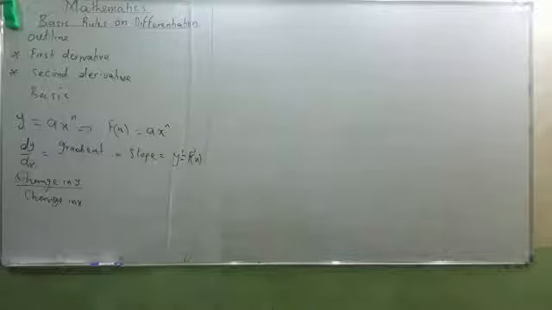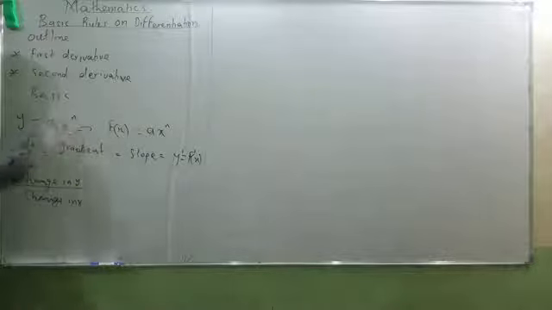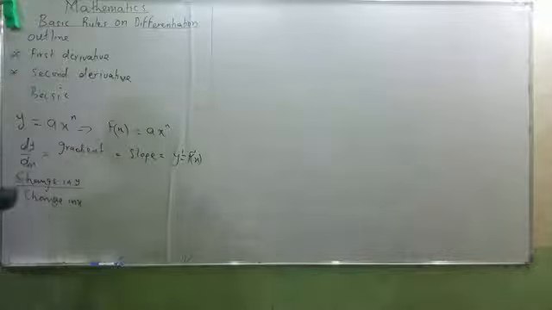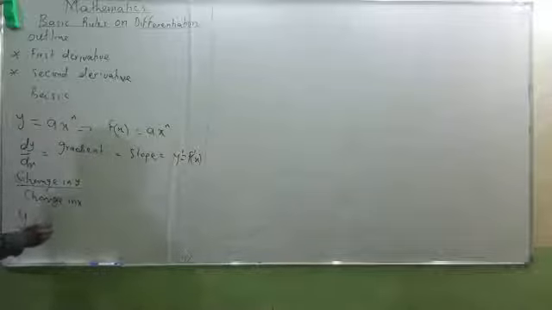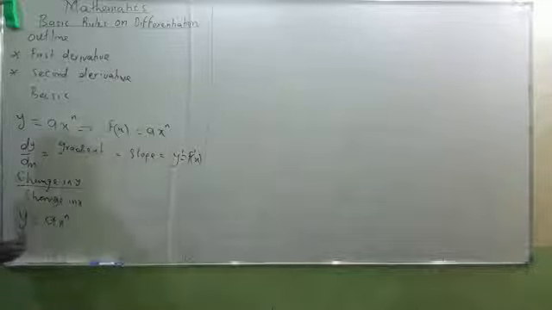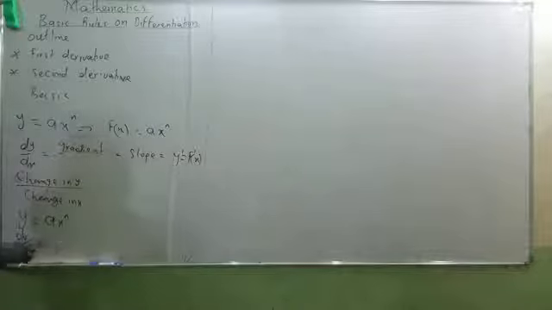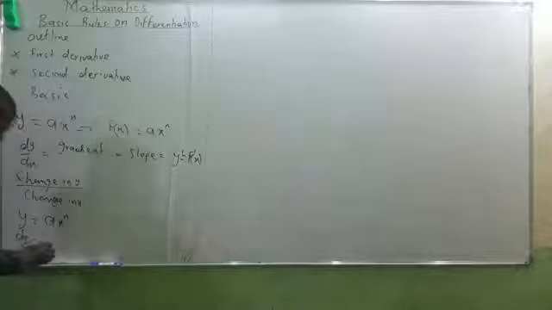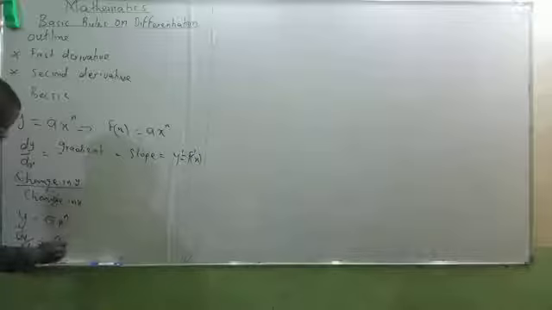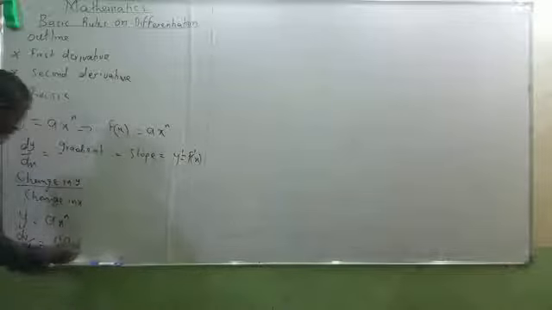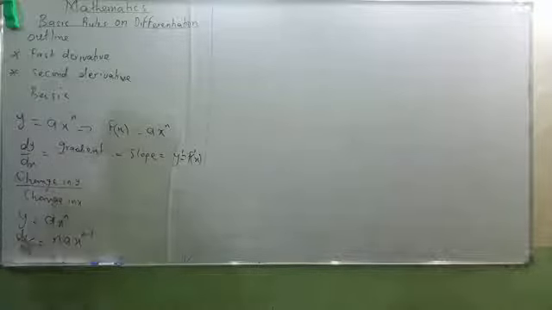All these things can be represented. Take note of that. Now, having y equals ax^n, what you just need to do is, my dy/dx will be equal to, I will bring down the power n multiplied by a x raised to power n minus 1. That is all.